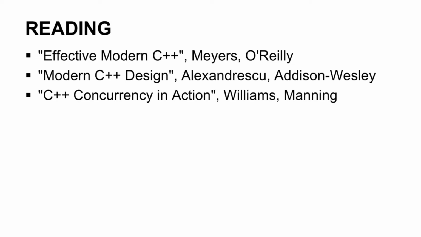Modern C++ Design by Alexandrescu is a classic, and while not specifically written about patterns, reading this will expand your knowledge of C++ considerably. C++ Concurrency in Action by Williams provides a very good introduction to C++11 features, such as R-value references and move semantics, in the context of discussing the concurrency support provided by the standard library. This is another book that is well worth reading even if you don't have an immediate need to write concurrent code.